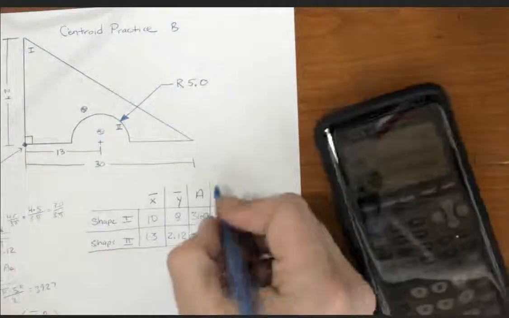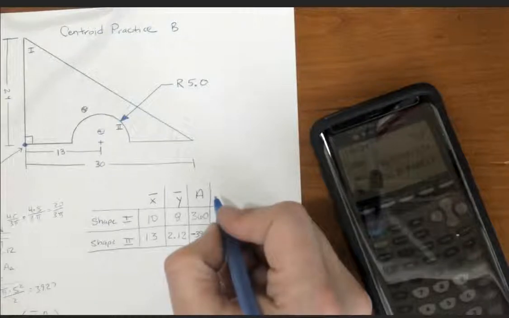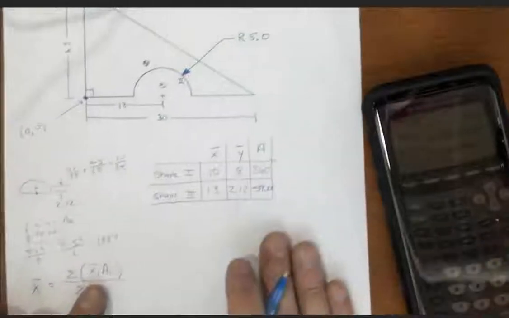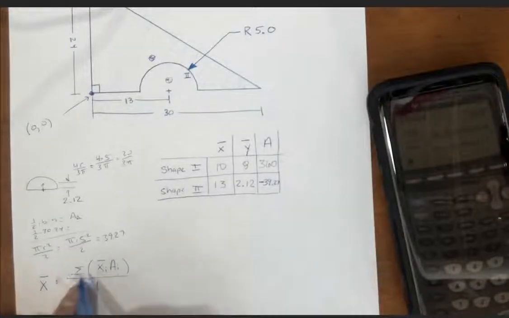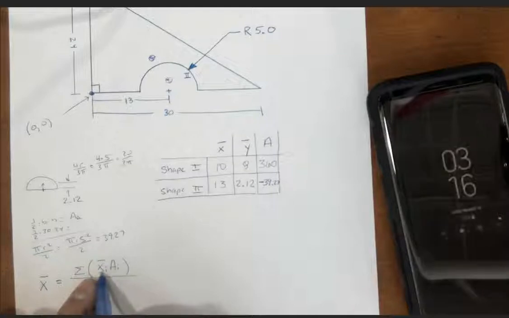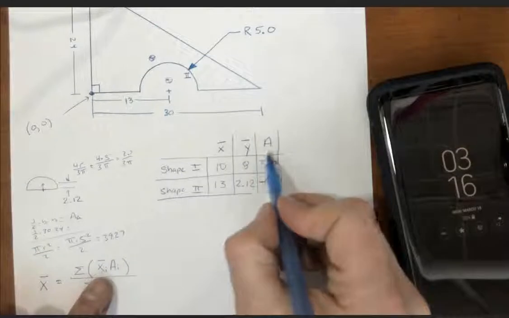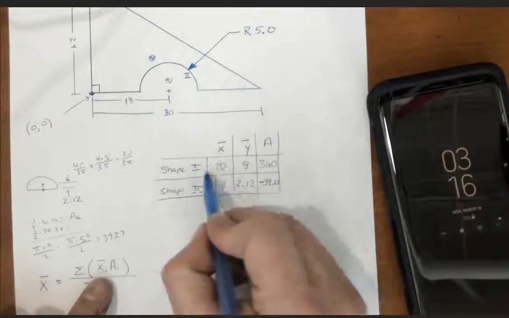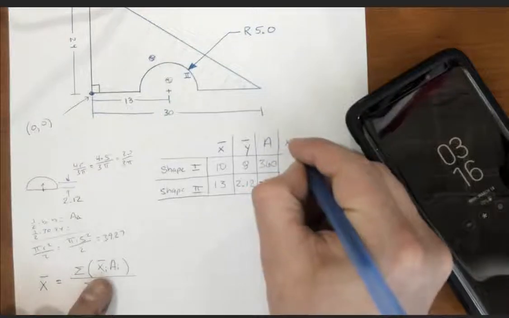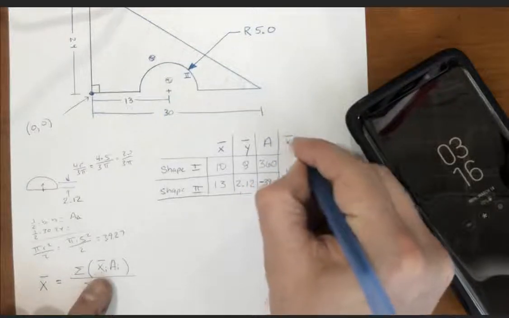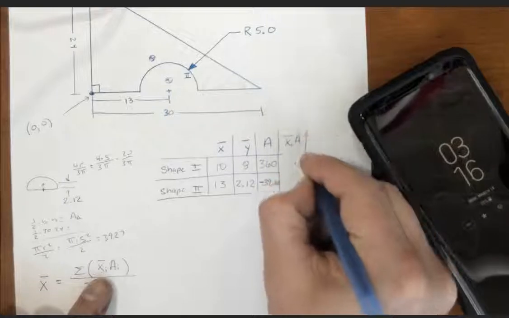Okay, so I need to find the sum of the product of the x-coordinate of the region, so of the first shape, and the area of that region. Right here I have the x-coordinate of shape 1 and the area of shape 1, and I'm going to list this expression, multiplying the x-coordinate times the area.